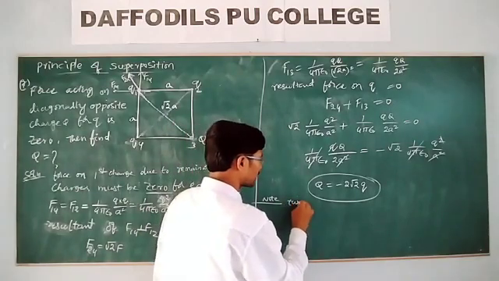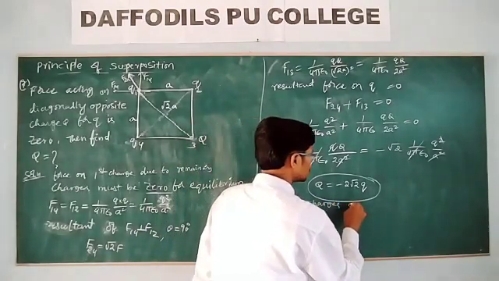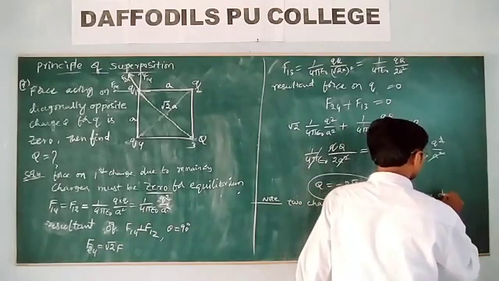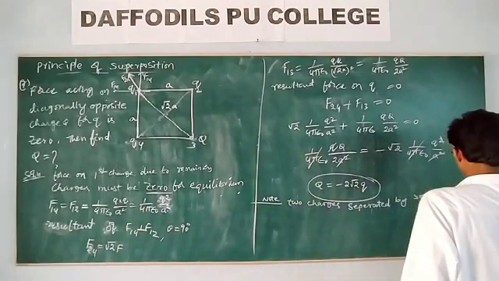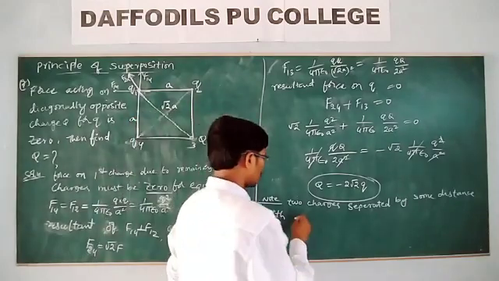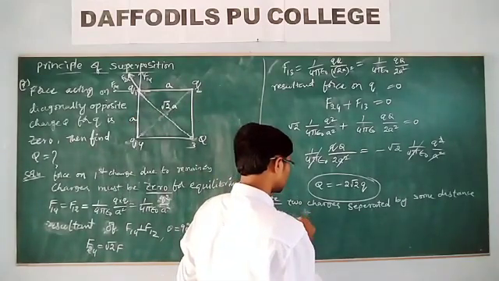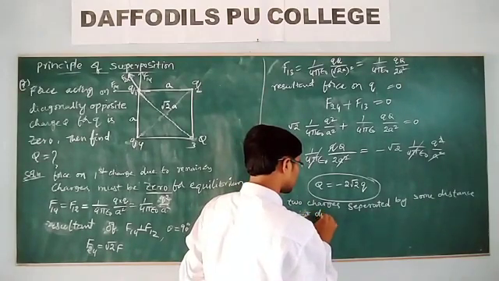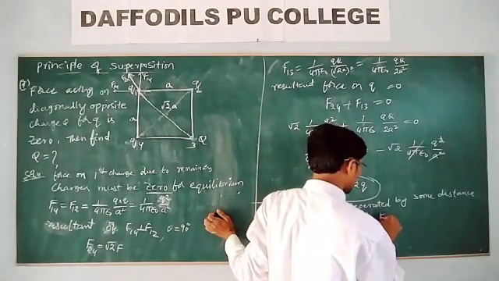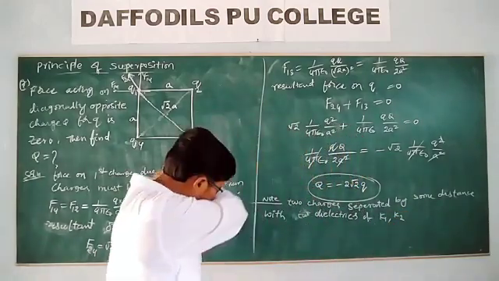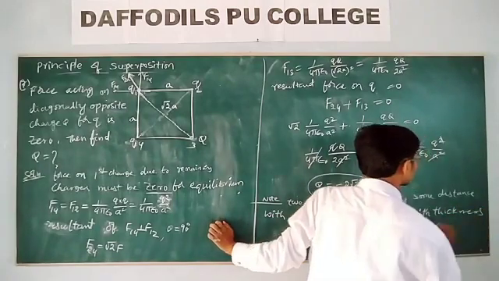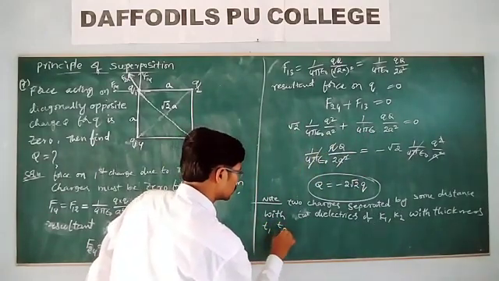We have two charges separated by some distance, with two dielectrics of K1 and K2 with thickness T1, T2.